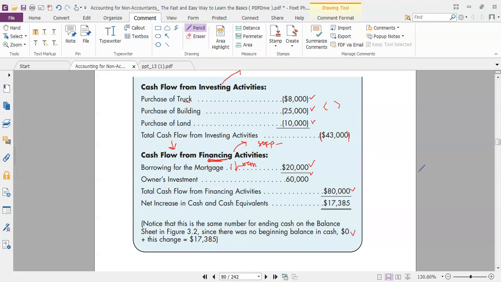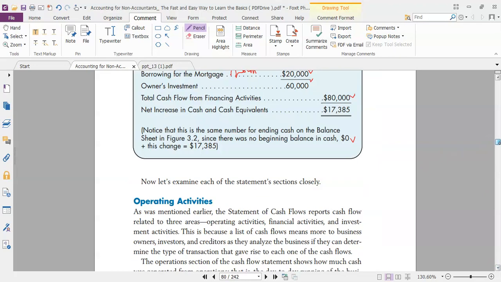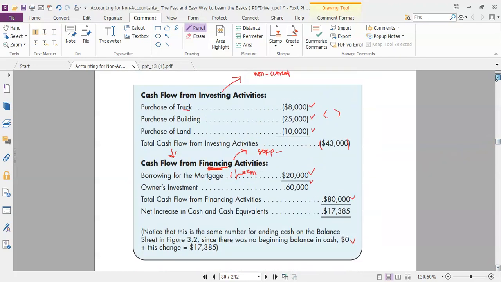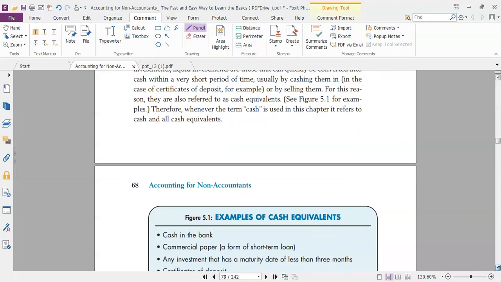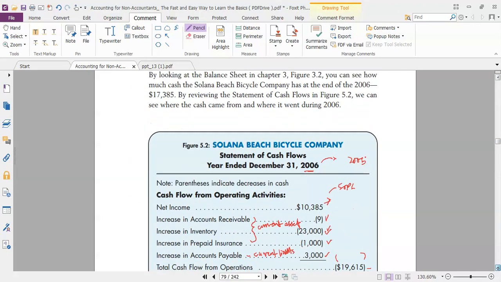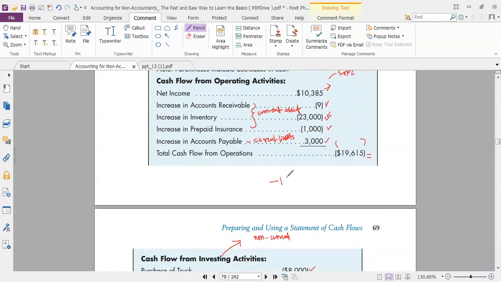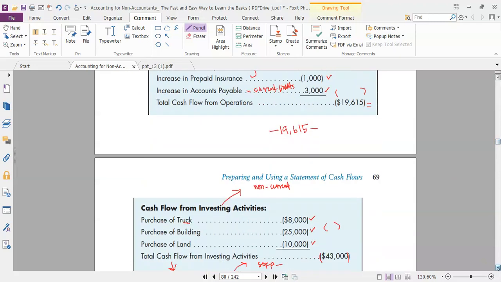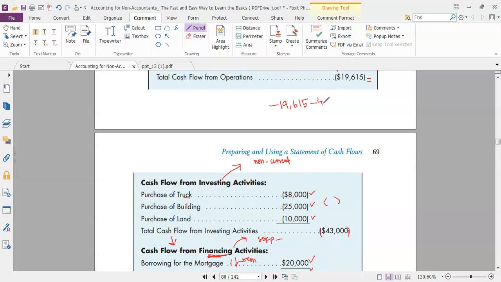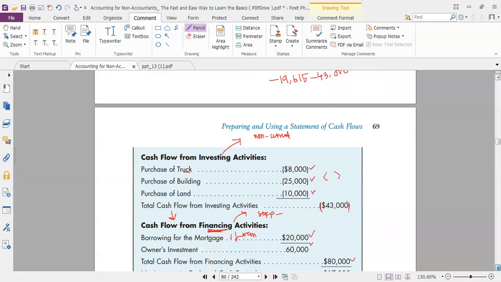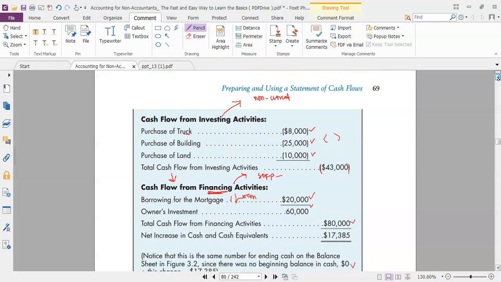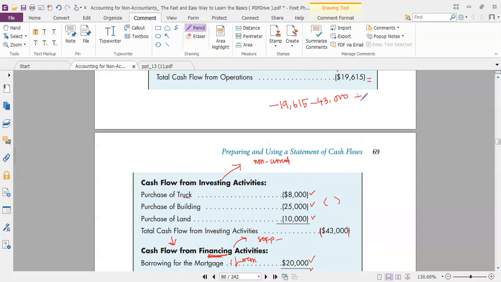How come you get the 17,385? You start from the operating, so you have 19,615, minus again with 43,000, and then plus 80,000.